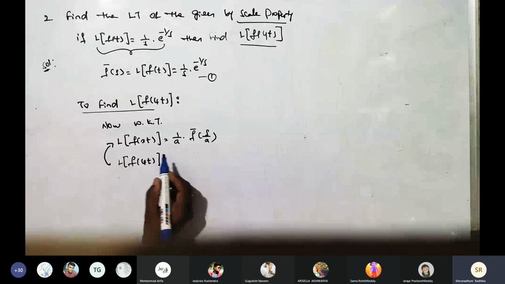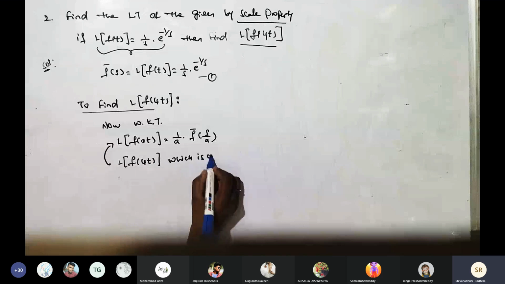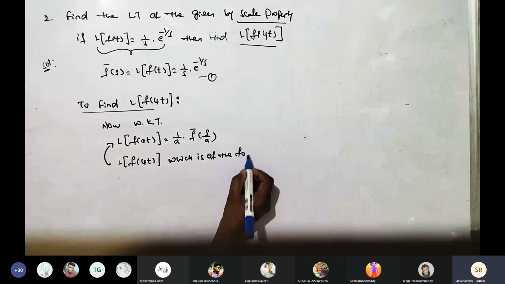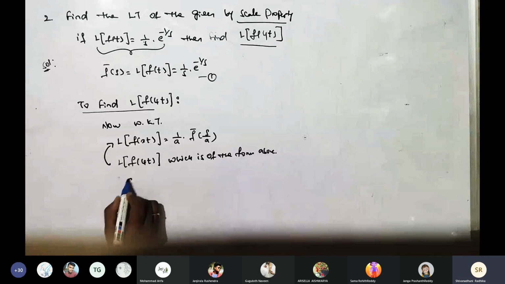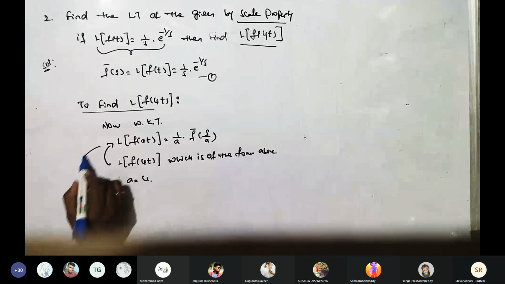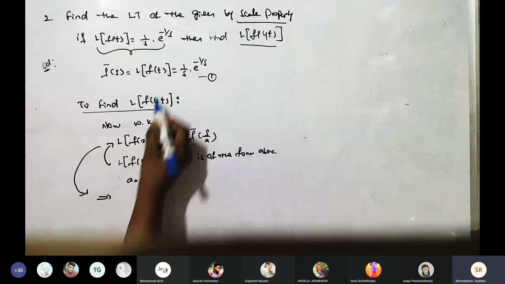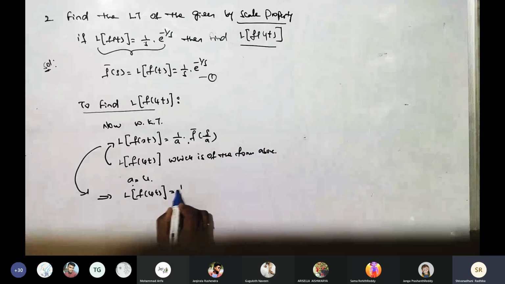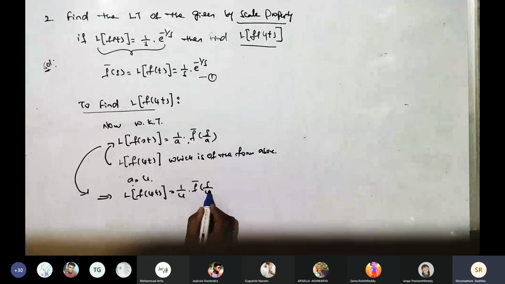So comparing both, a equals 4. Then by using the scale property, L of f of 4t, we substitute the a value: 1 by 4 into f bar of s by 4.